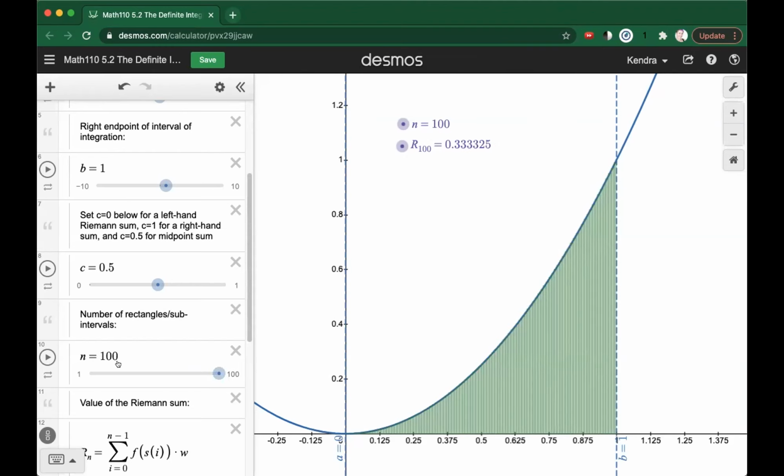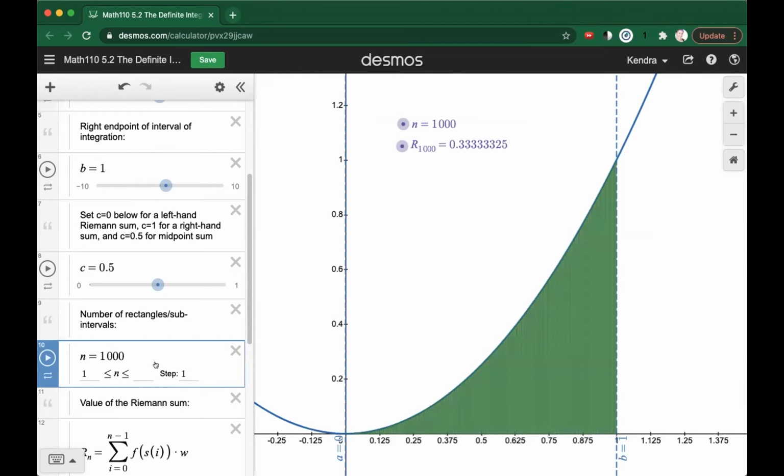If I was to take, I mean, I think I could maybe even do this. So if I put in n equals 1,000, that's what it looks like. And if I change, these are the right rectangles and the left rectangles. So the left rectangles give me, at n equals 1,000, an estimate of 0.3328.